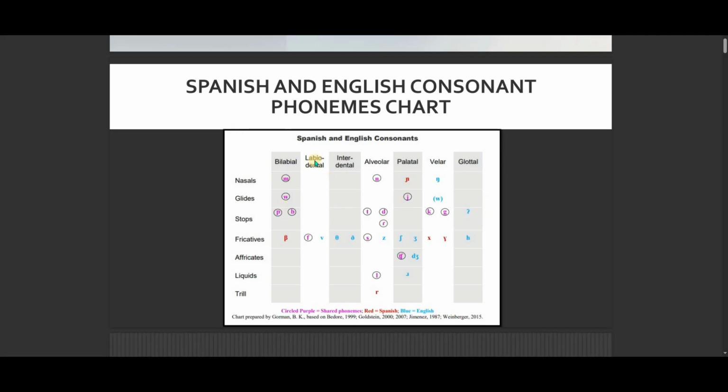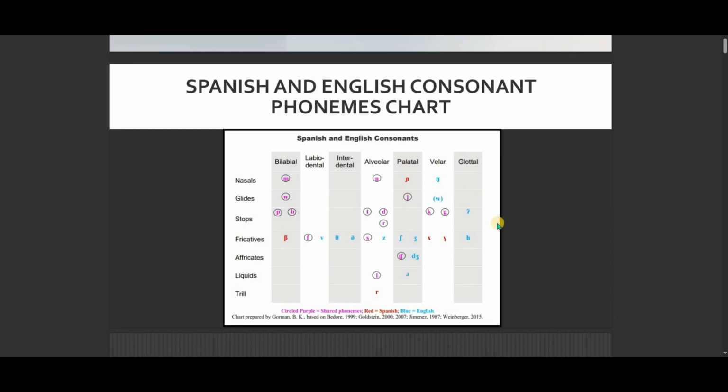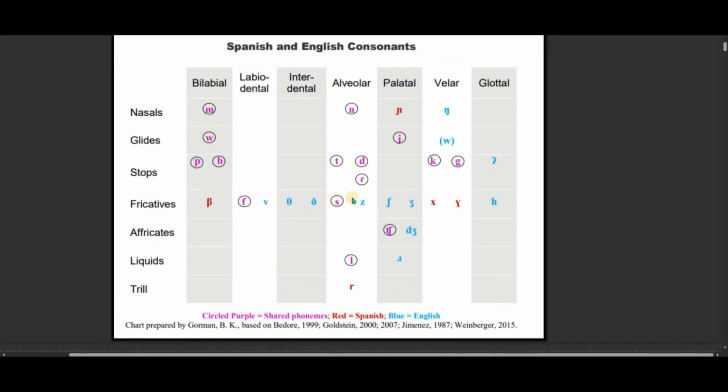This one will let us know the symbols of the phonemes and the features they have. Below, it tells us that the phonemes circled in purple are shared phonemes, meaning phonemes that you will find in Spanish and in English.